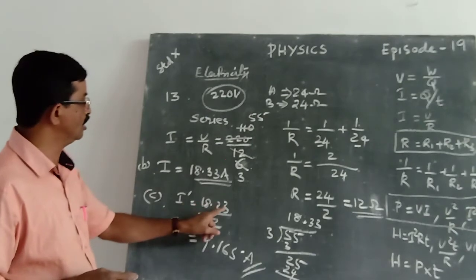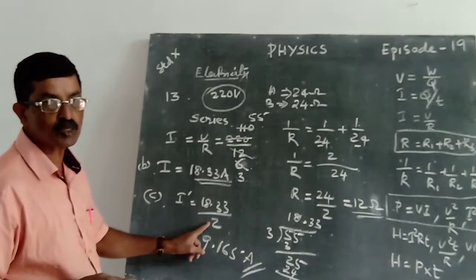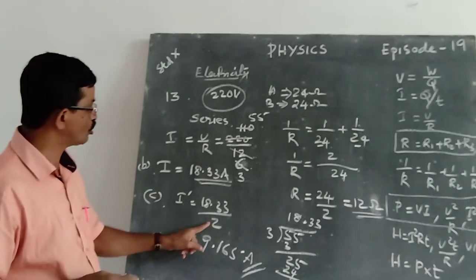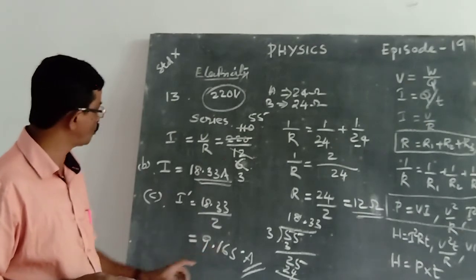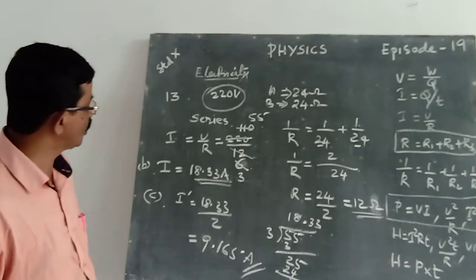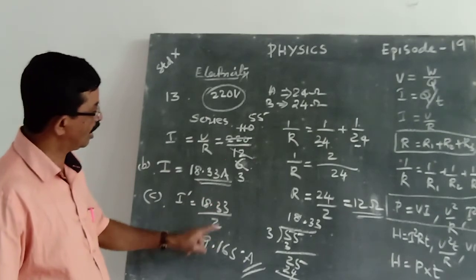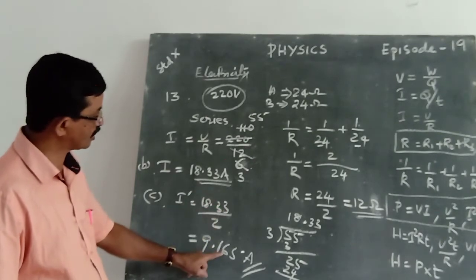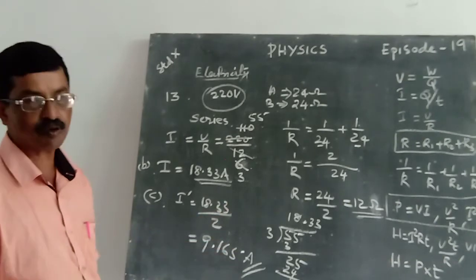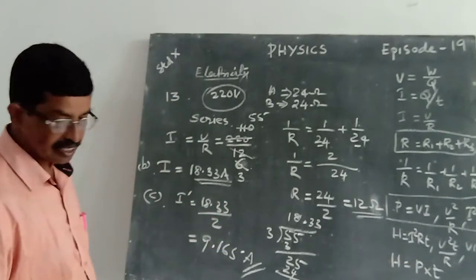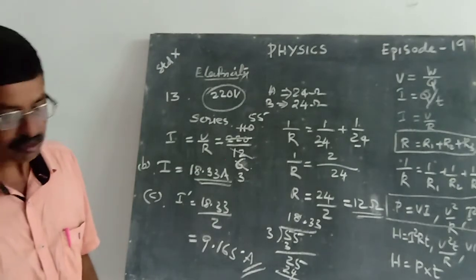So 18.33 ampere gets split into two equal parts. So it will come 9.165 ampere through each of these. Okay, now we can go to the next question.